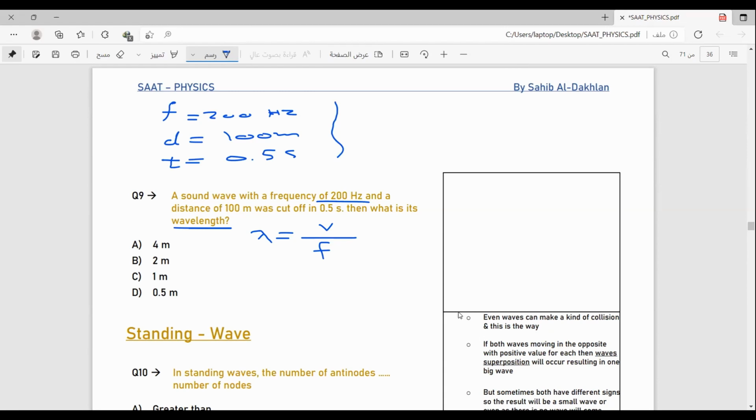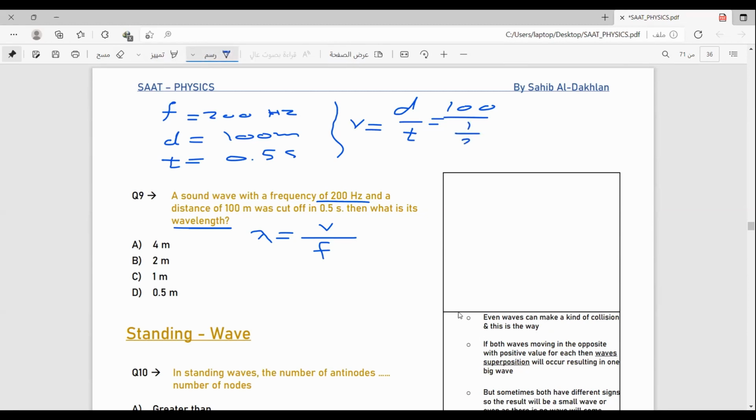So velocity will be what? As we know from mechanics, it is distance over time, which is 100 over 0.5. Let me write 0.5, which is half, in another form to make it easy: 1 over 2.